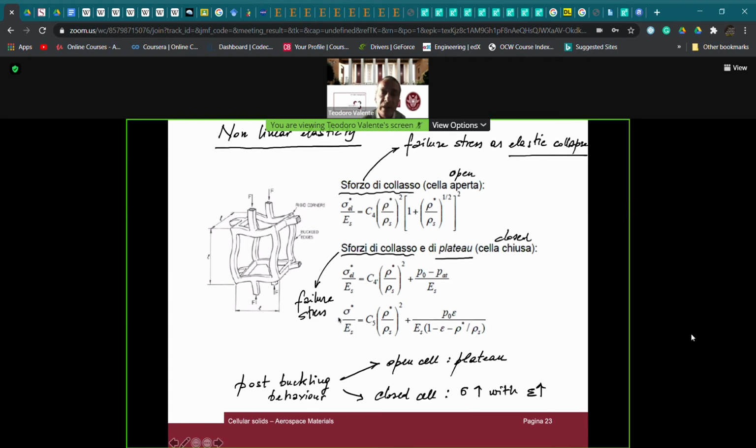And thus we can define, according to the strain in compression deformation, the value of the stress, which is more or less represented as a plateau. We do have an increase, but not very relevant. But in any case, this is the right approach, which allows us to describe also the behavior after buckling when we are in the case of closed cells.